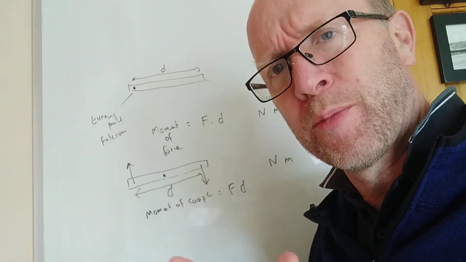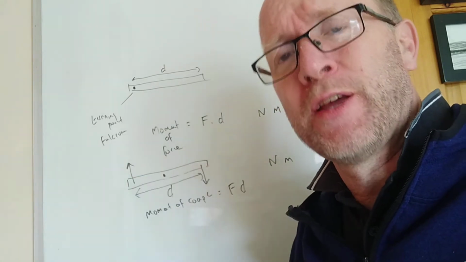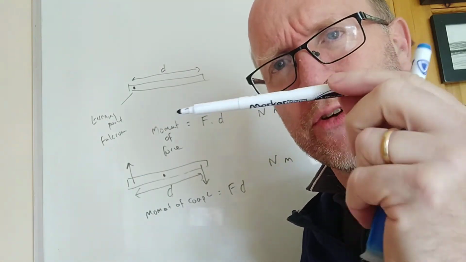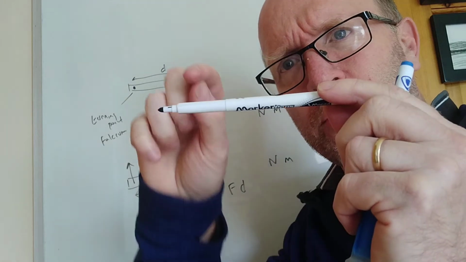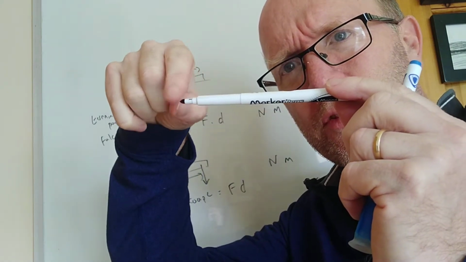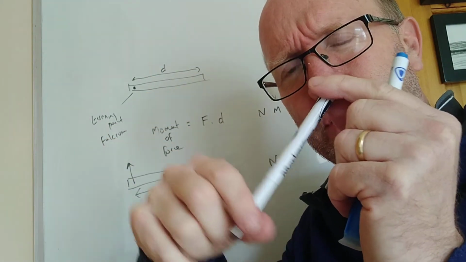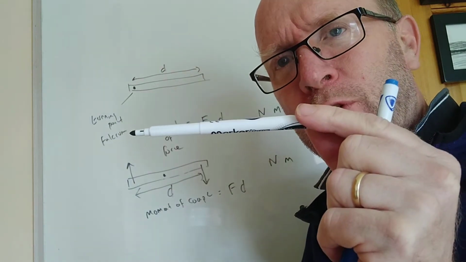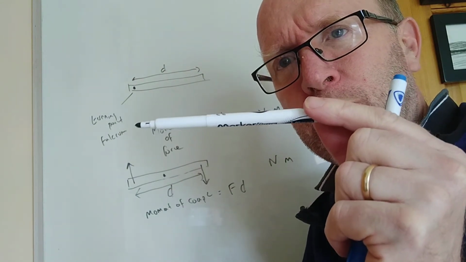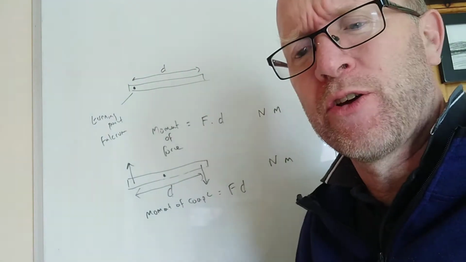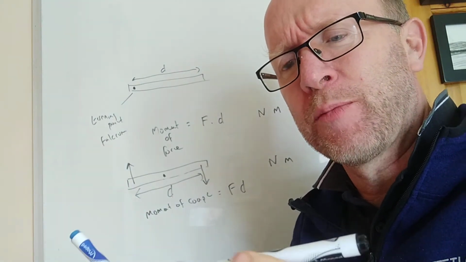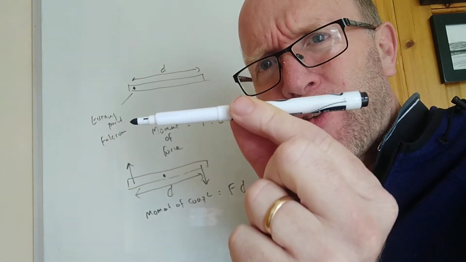So remember, you have to have a rigid body, you have to have a turning point, a point that the rigid body can turn about. If I apply a force, it causes a turning effect, and the moment of the force is found by force by distance. The second scenario is if you put the turning point in the middle of the rigid body.